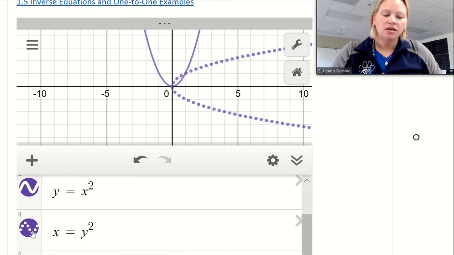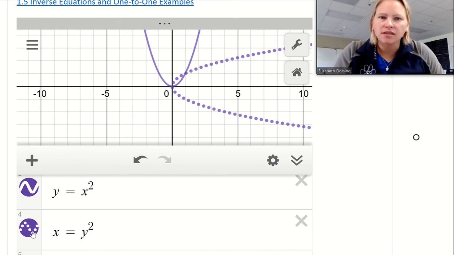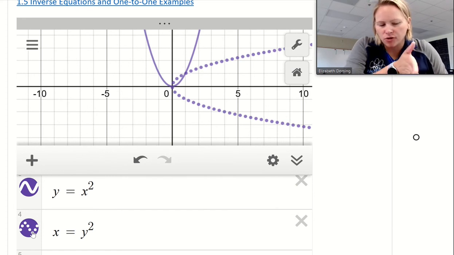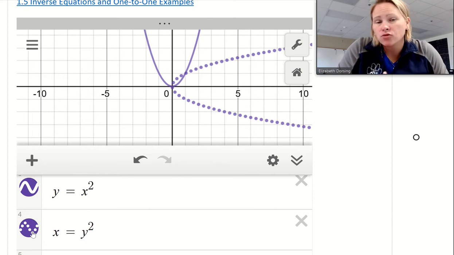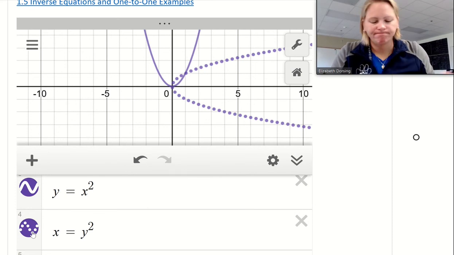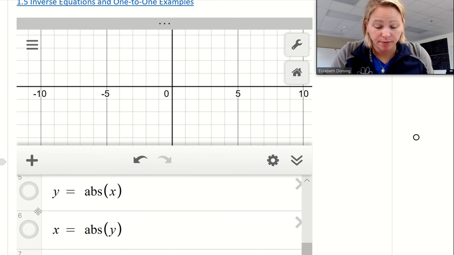Here it is. The inverse function is this dotted line, and if I try to pass that vertical line test through just that dotted line, you're going to see that it's failing. At 5, if I pass a vertical line through the inverse graph, the dotted graph, it hits it twice. So here, my original function, y equals x squared, was not one-to-one, and the inverse was not a function. Curious. Maybe you see where I'm going.